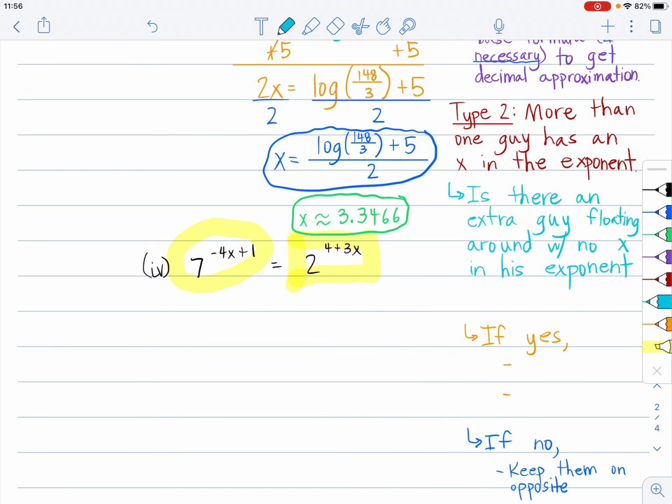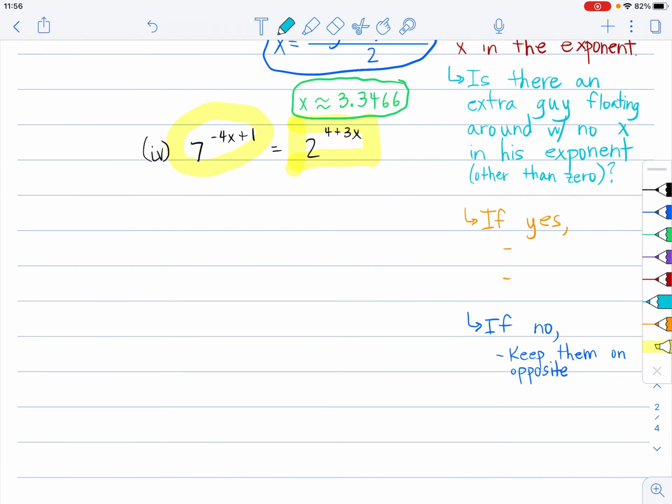So, is there an extra guy floating around with no x in his exponent, other than 0? If yes, if no, make sure the guys with x in their exponent are on opposite sides of the equal sign.